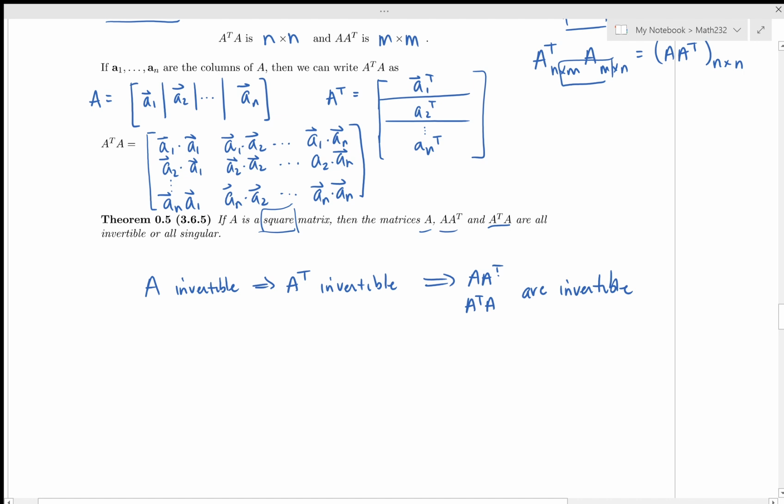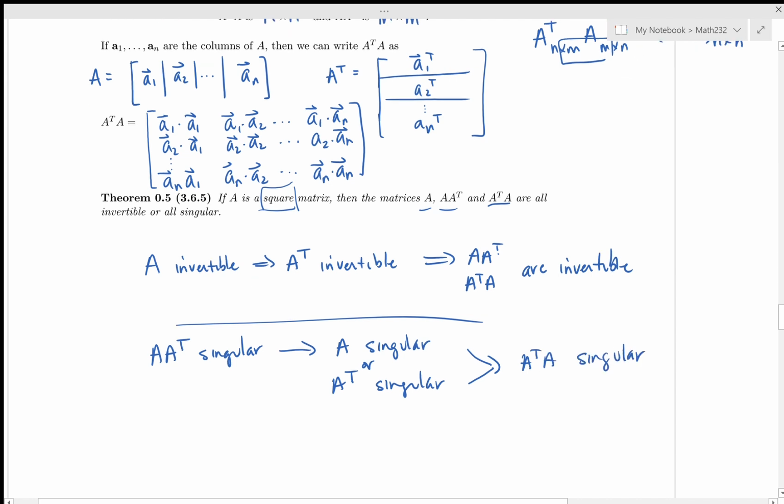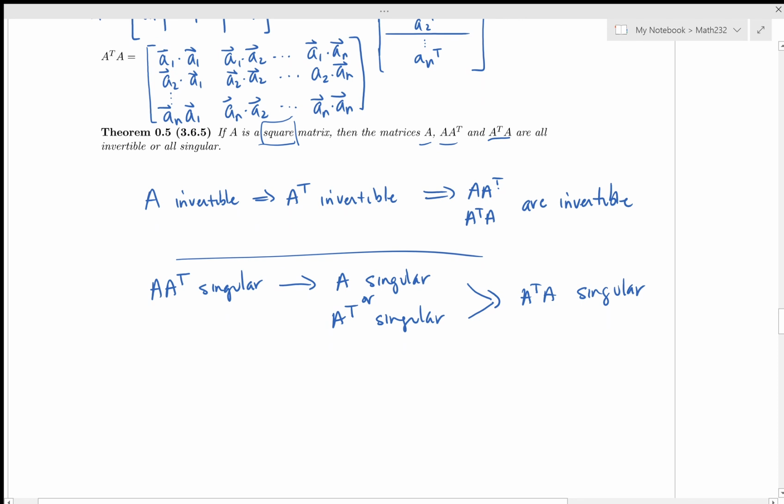Similarly, if we chose one of them to be singular, let us say A transpose was singular, that means at least one of the factors has to be singular: A would have to be singular, or A transpose would have to be singular. That would immediately imply, putting those two things back together, that A transpose A is singular. Meanwhile, we already know that if one is singular then the other has to be singular, and vice versa. So they all are.